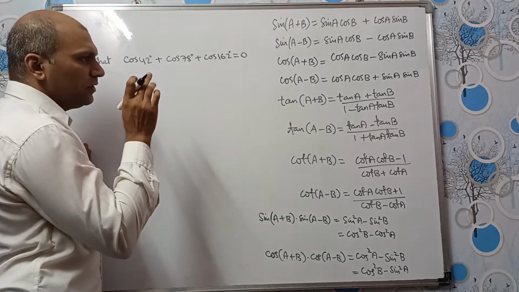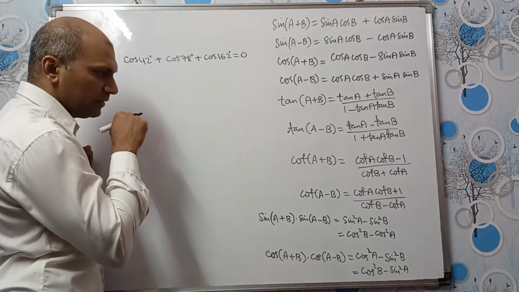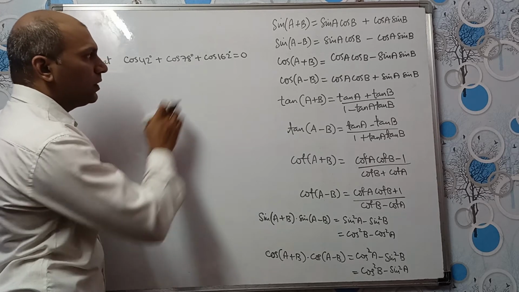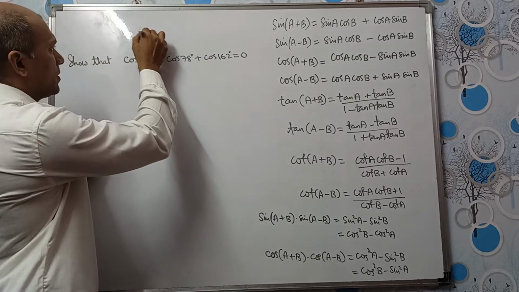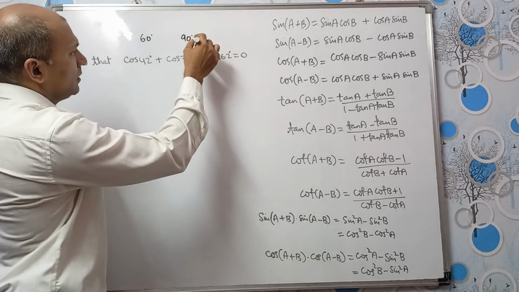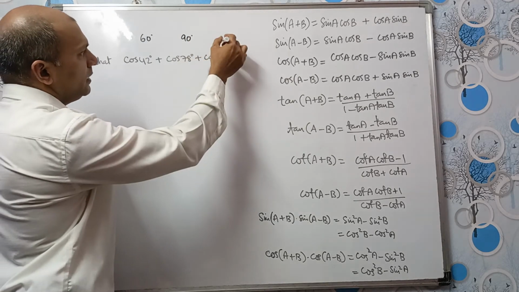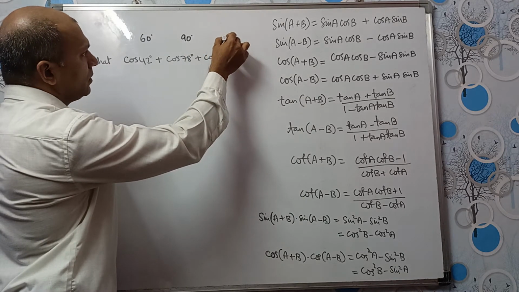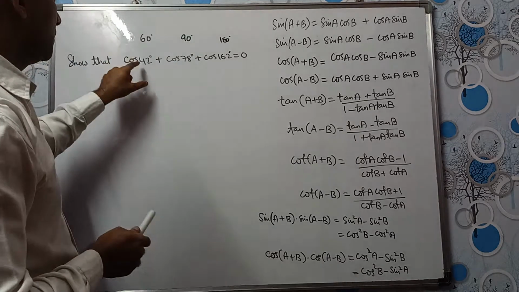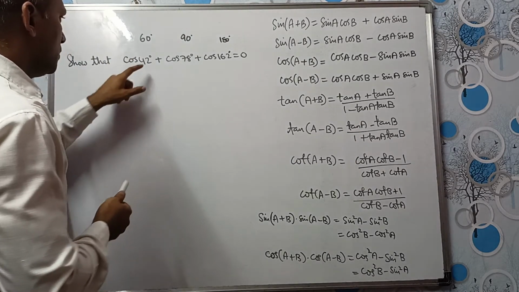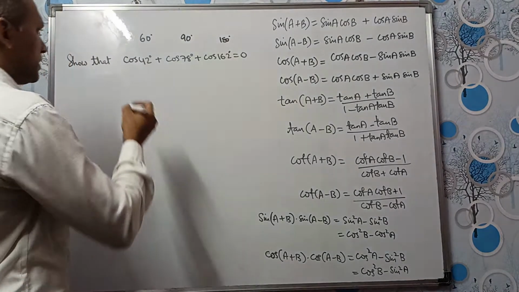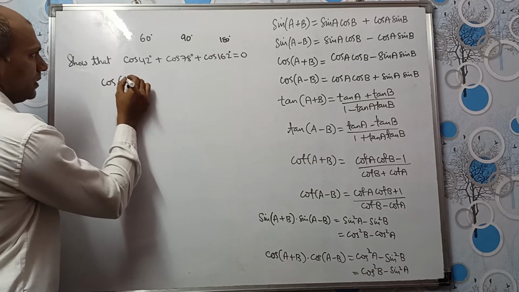See, we know the value of cos 60, right? Cos 90 we know, cos 180 we know.